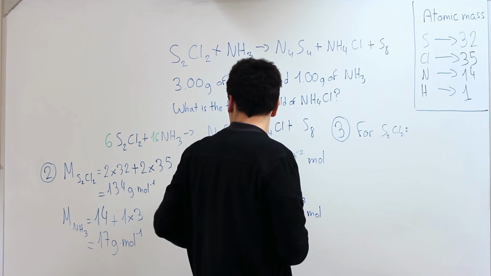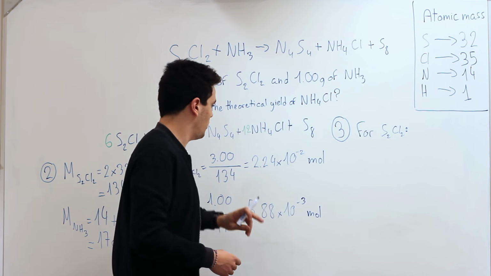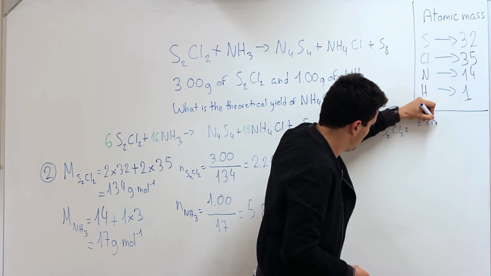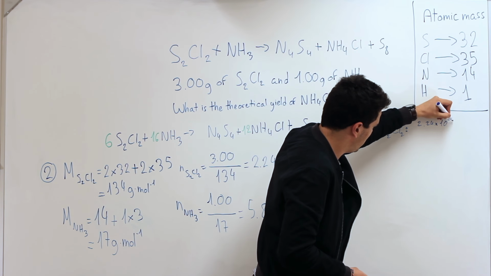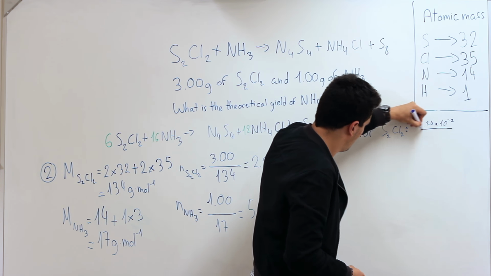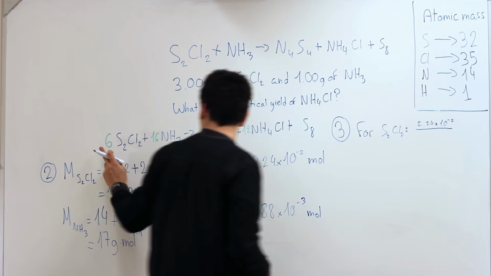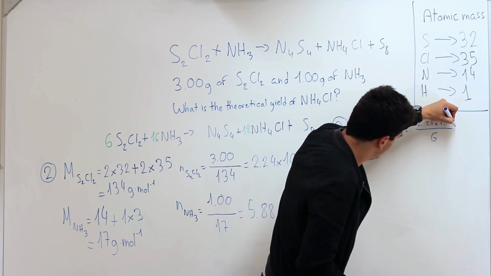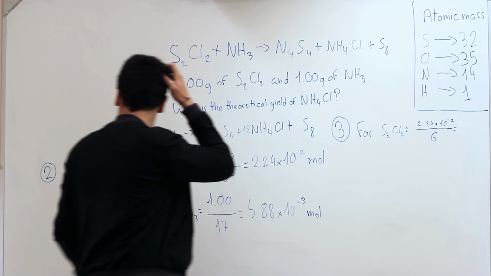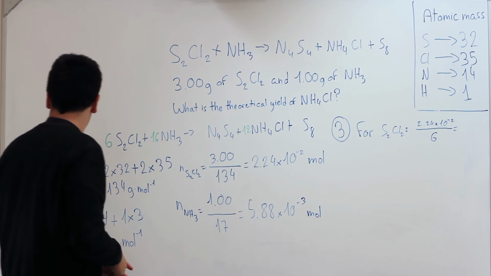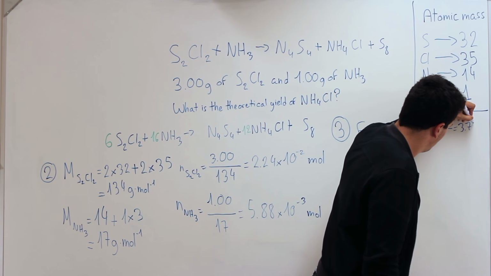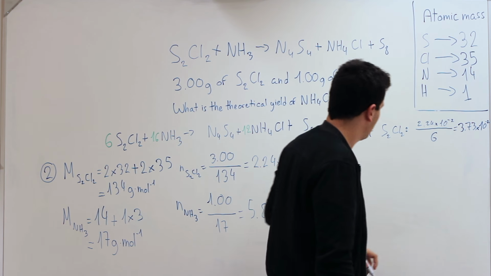We obtain 2.24 times 10 to the power of minus 2 over 6, equal to 3.73 times 10 to the power of minus 2.